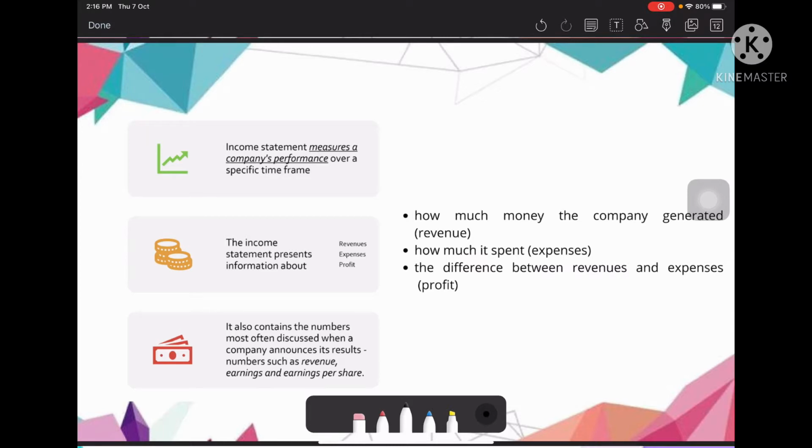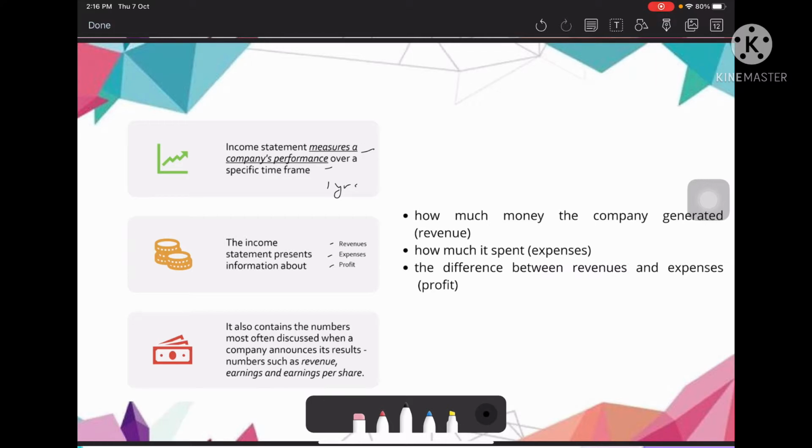Normally the profit and loss account is prepared for 1 year. The income statement measures a company's performance over a specific time frame, so normally 1 year. The income statement presents information about basically 3 items: the revenues, expenses and profit.